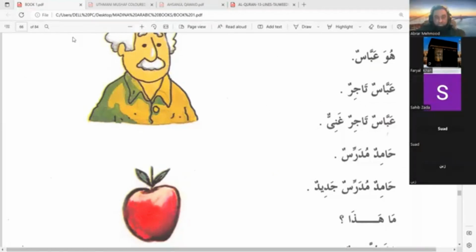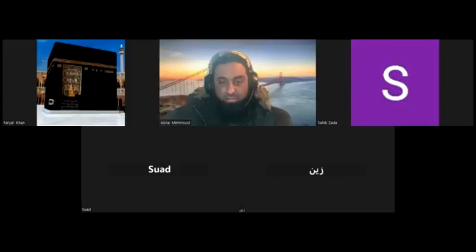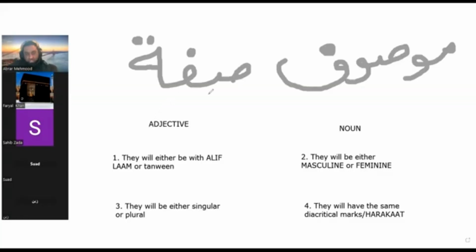So I'm going to stop here and go back to the board. So again, let's review these points. So we looked at Rajulun, Abbasun Tajirun. So they both had a tanween. They were both singular.